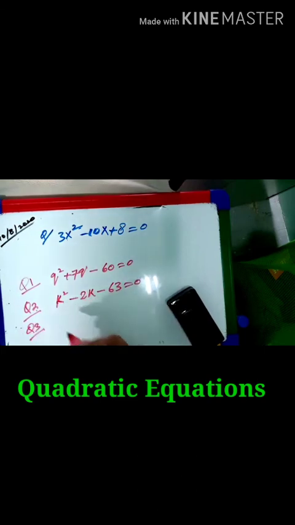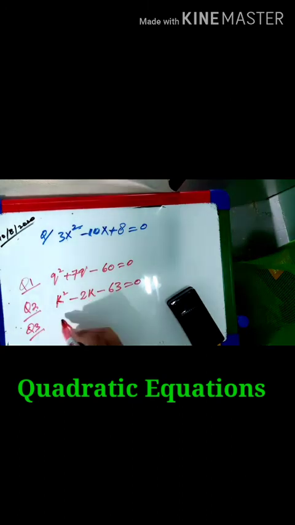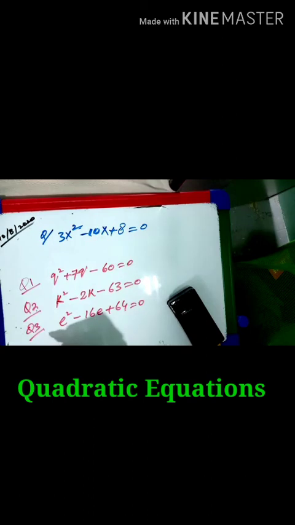Question number 3 is e square minus 16e plus 64 equal to 0. And yeah, these 3 questions you will do. This is homework.